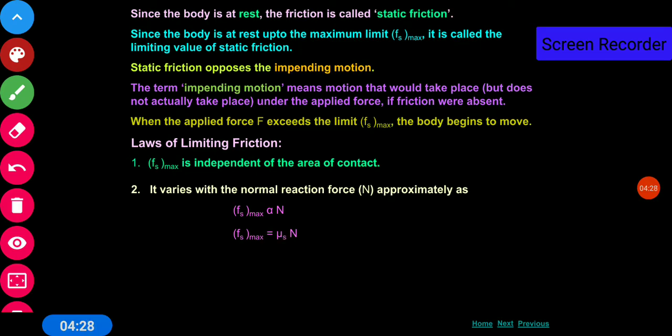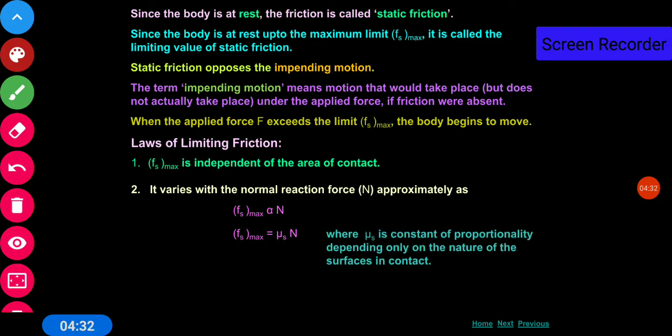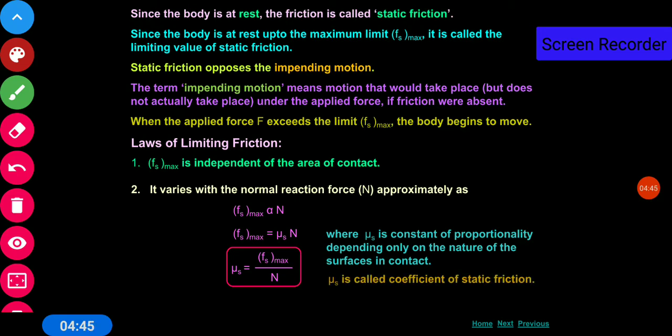When we remove the proportionality sign, then the proportionality constant comes, which is known as mu s. Mu s is a constant of proportionality depending only on the nature of the surface in contact. So mu s is equal to Fs maximum upon N. Mu s is called the coefficient of static friction.